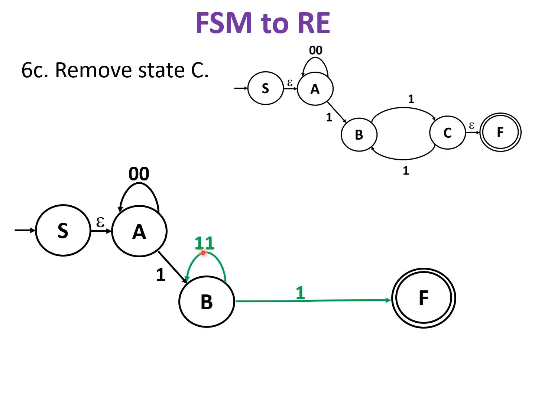So we have a self loop on B with regular expression 1, 1. And the fourth one is, is there any self loop for F through C? That is not possible here. So on eliminating C, this is the transition diagram obtained.